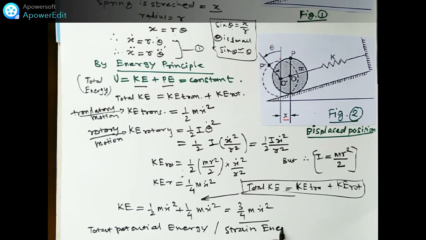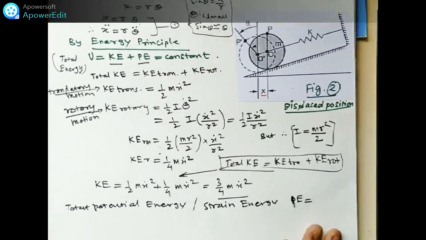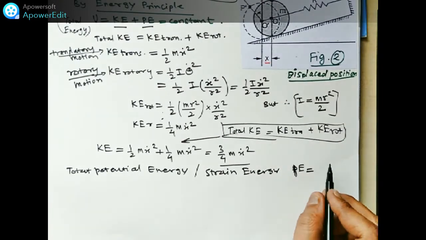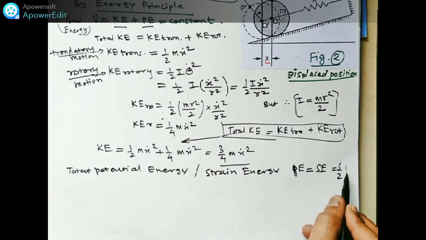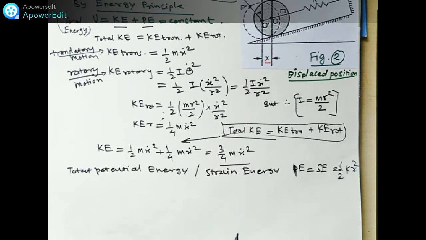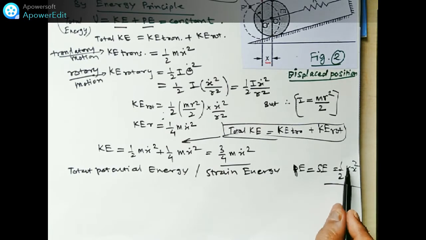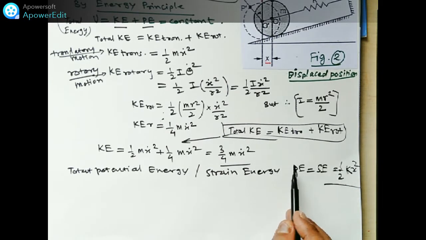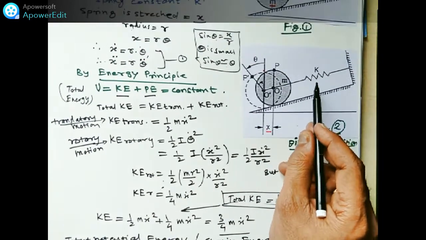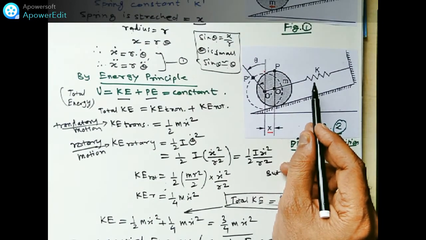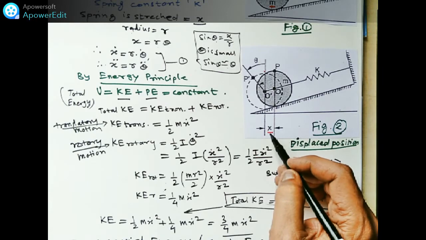P is equal to half K into x square, because this is the potential energy inside the spring, and x is the displacement, the deflection.